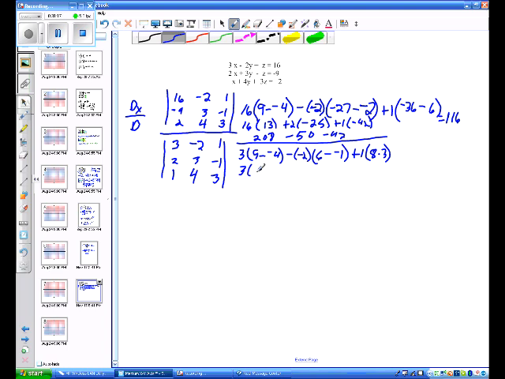So this is 3 times 13 plus 2 times 7 plus 1 times 24. So we have 39 plus 14 plus 24. That's an 8 minus 3, not 8 times 3. So this is a 5.